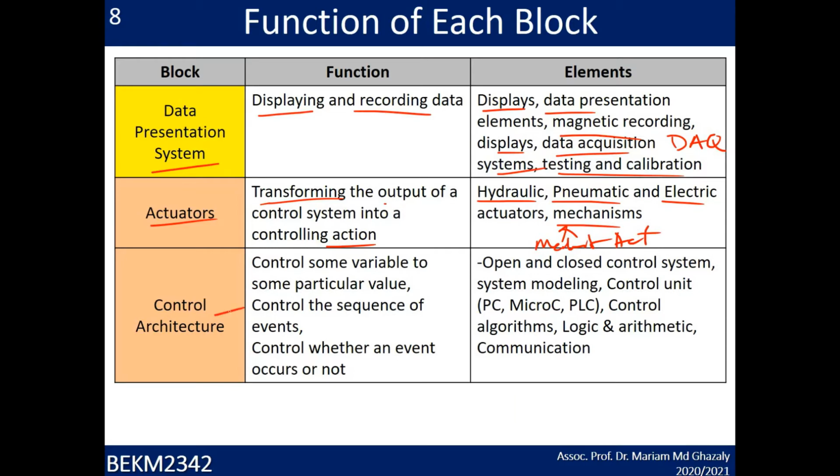Last, in the introduction to mechatronics, you are going to learn about control architecture. Some control functions control a variable to a particular value, which we call the reference. Or you want to control the sequence of an event, and normally you will use a PLC, programmable logic controller.